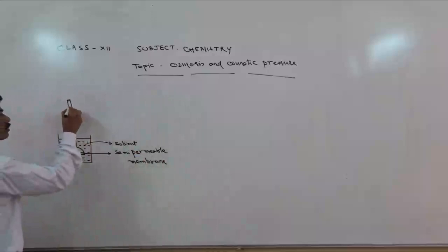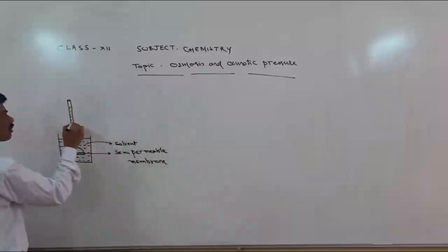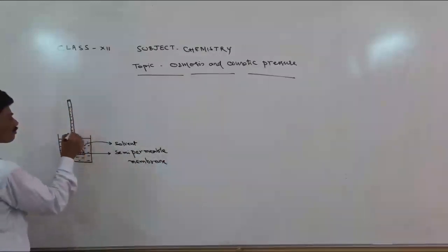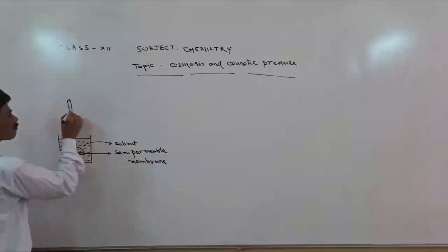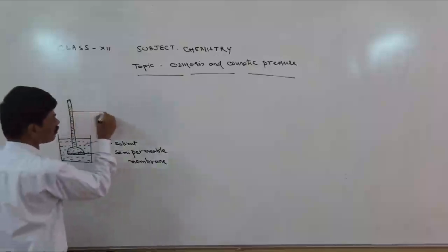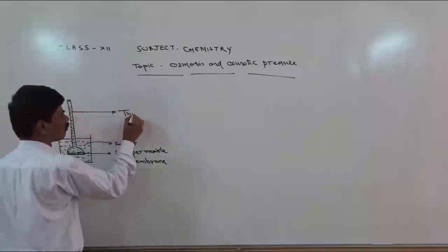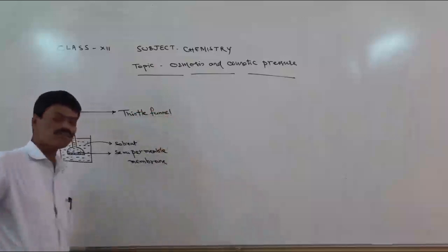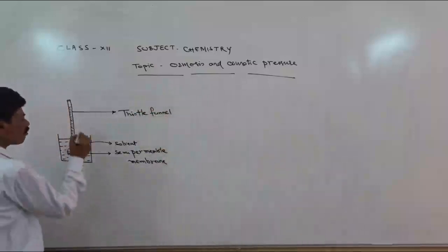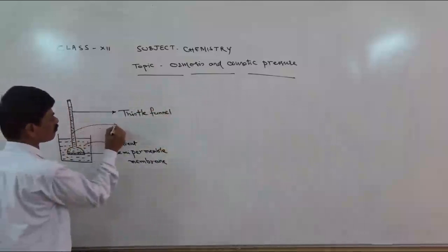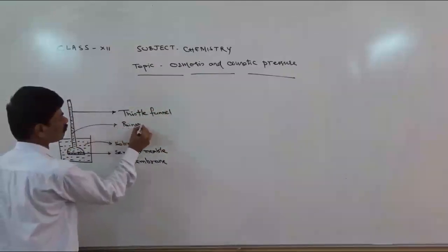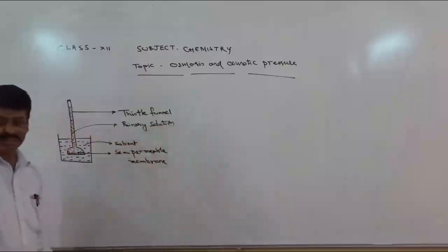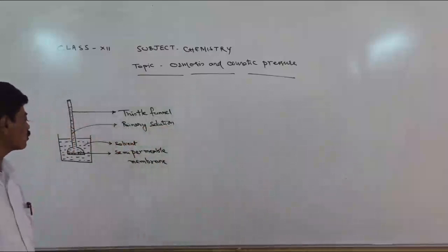And inside the thistle funnel, we are taking a solution, that is a binary solution. Binary solution means in that, only two components, solute and solvent, should be there.